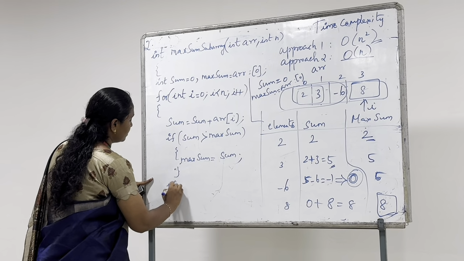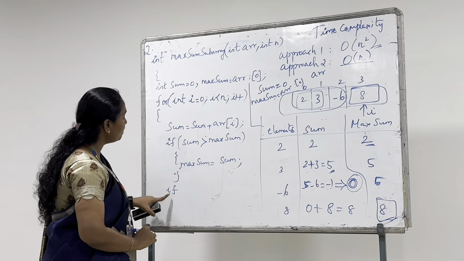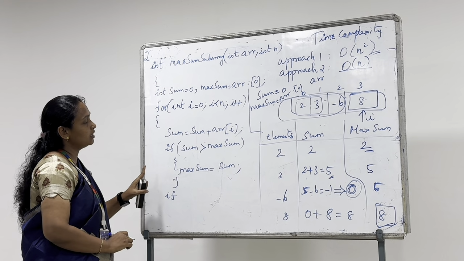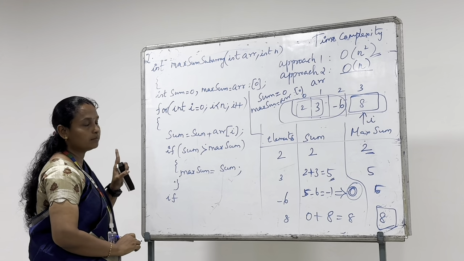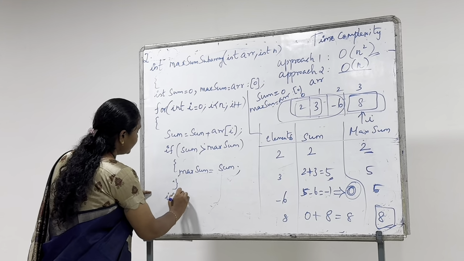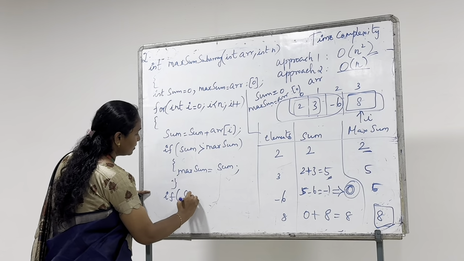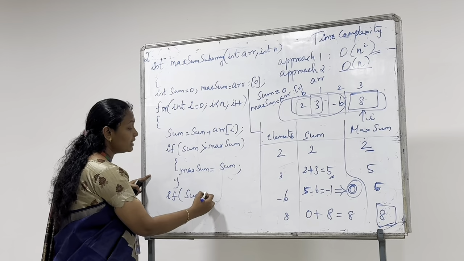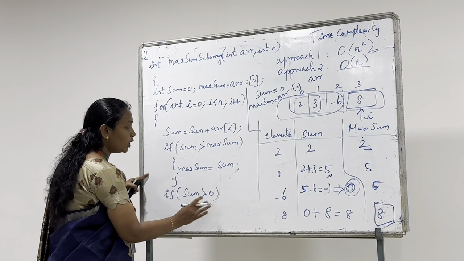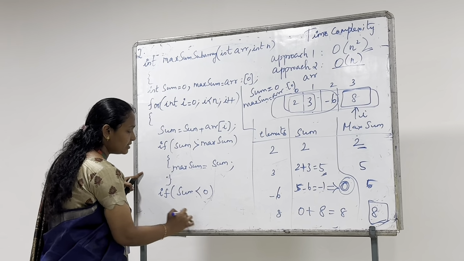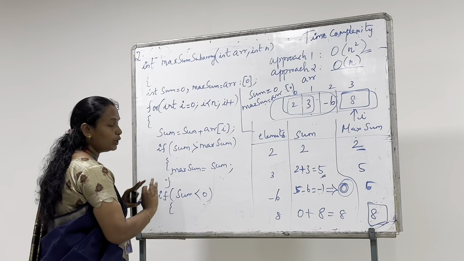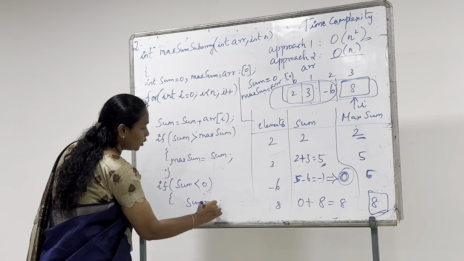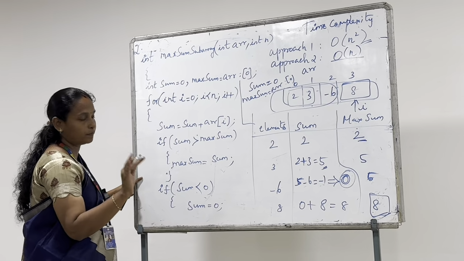And then in Kadane's algorithm we need to compare another thing, which is that the sum should not be negative. So for that we compare the sum with 0; sum should always be greater than 0. If it is less than 0, we need to make the sum 0, because that subarray will not lead to the maximum sum.